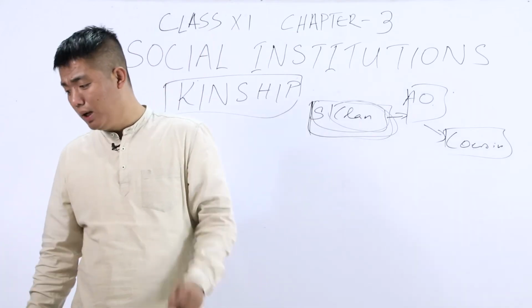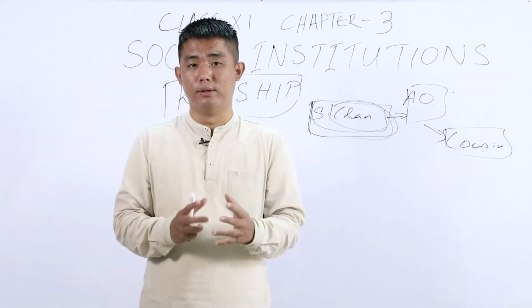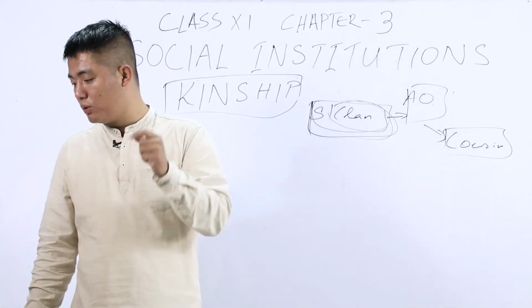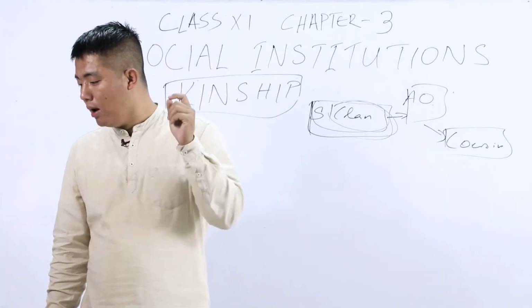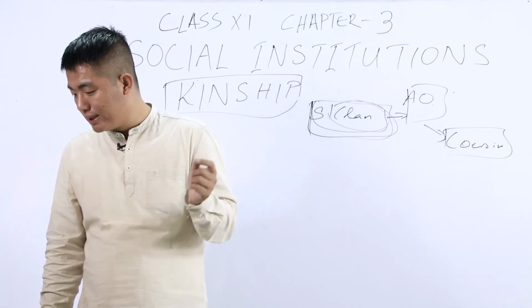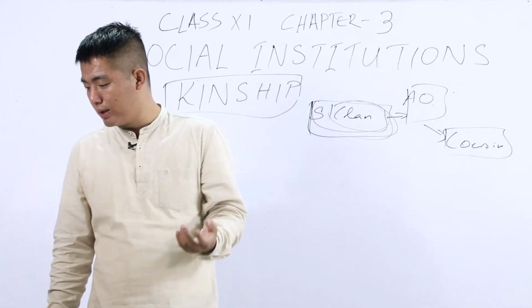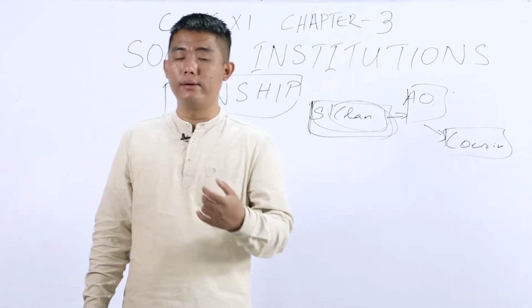Now incest taboo, what does it do here? What does it do to an individual? It prohibits sexual contact among people defined as relatives, typically parents and children, and between brothers and sisters. Although there are rare exceptions.